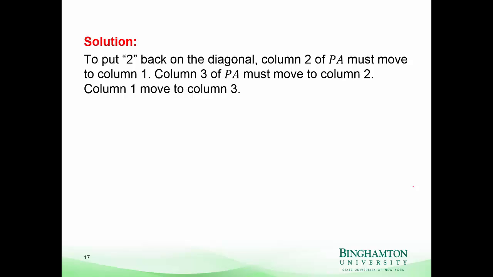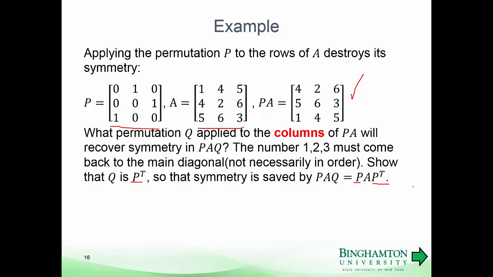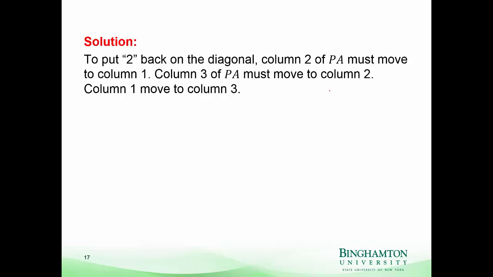We need to put the 2 back on the diagonal. So column 2 of the product PA, we have to move back to the position of column 1. And column 3 must move to column 2, and column 1 must move to column 3. That's just looking at this and asking, what do I need to do? So we need to put the 2 back on the diagonal.